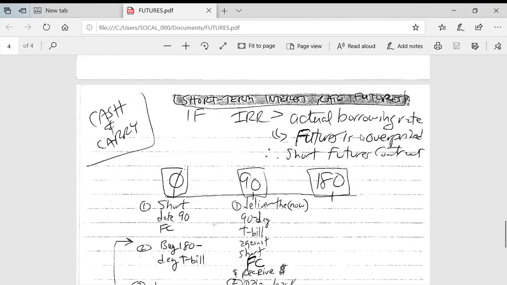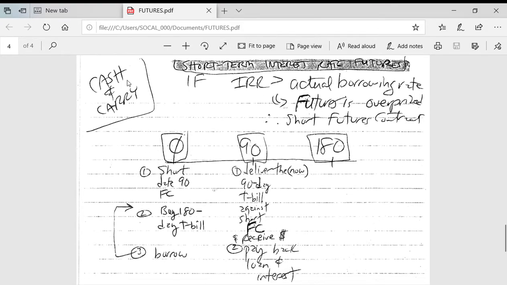Well, if the futures contract is overpriced, we're going to short the futures contract. And we're going to hedge by going long a spot asset. So here's a cash and carry arbitrage series of transactions. At date 0, we go short a futures contract that has a delivery of date 90.